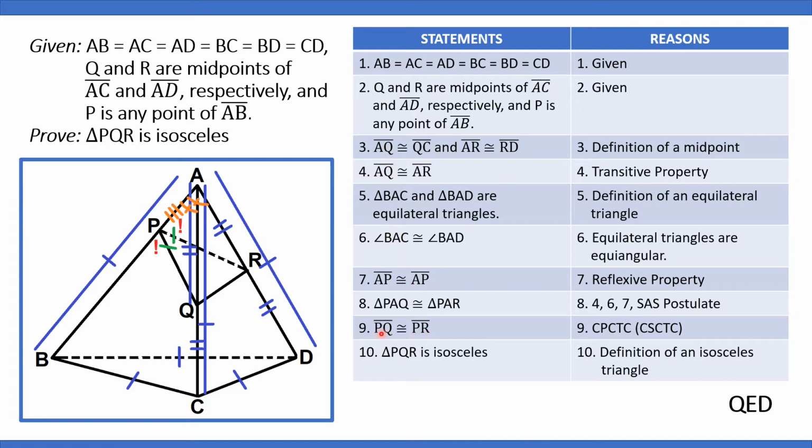Statement 9, line segment PQ is congruent to line segment PR, or PQ is equal to PR by CPCTC. Finally, the conclusion, triangle PQR is isosceles by the definition of an isosceles triangle, QED.